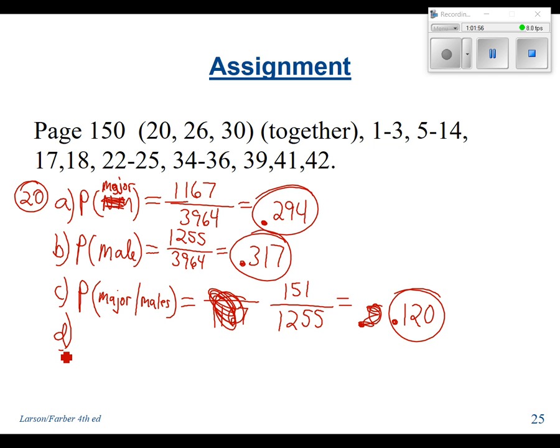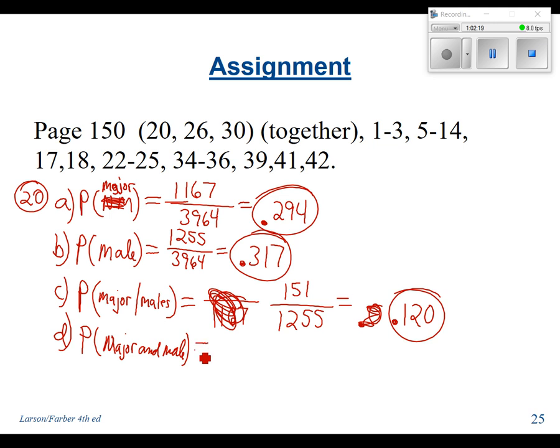Part D, find the probability a randomly selected student is a nursing major and male. So now, they're a nursing major and male. Is that saying the same thing that we just got done saying?